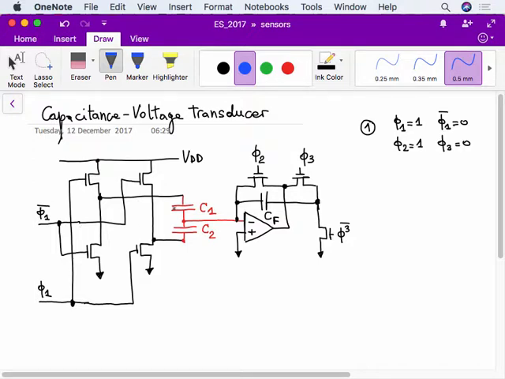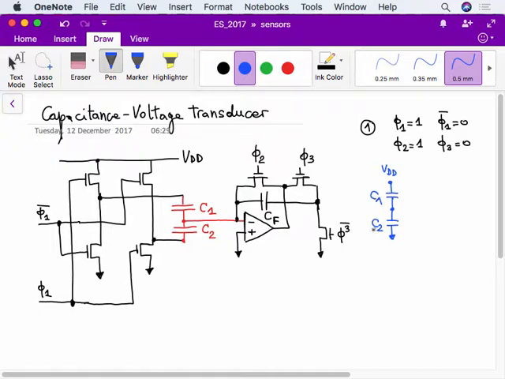And you can see that when Phi is equal to 1, this node goes to VDD because this transistor is on, and this other transistor is off, and the other transistor that is on is this one. So C1 goes to VDD and C2 goes to ground. So basically the circuit is like this: C1, which is from VDD to this common node, and C2, which is from this common node to ground.